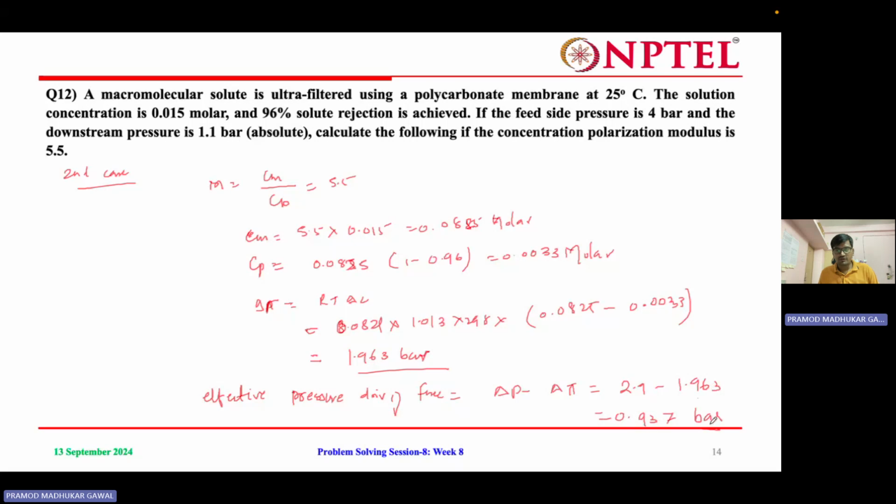So the effective pressure driving force is 0.937 when the concentration polarization modulus is 5.5.